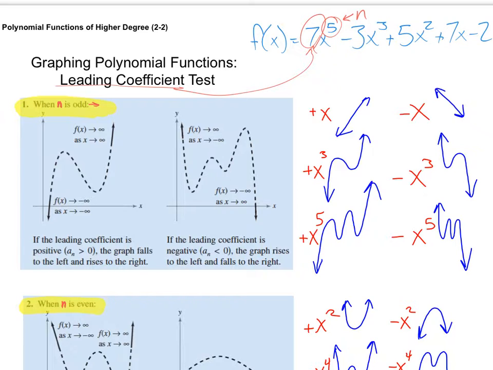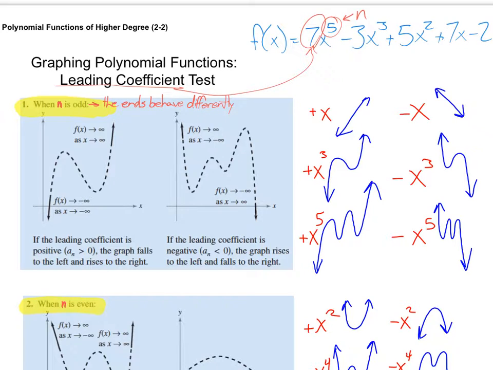When n is odd, the ends behave differently. If it's going up on one side, it's going down on the other side.